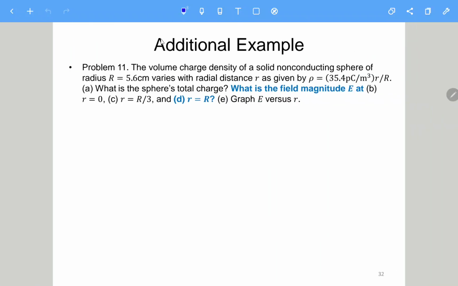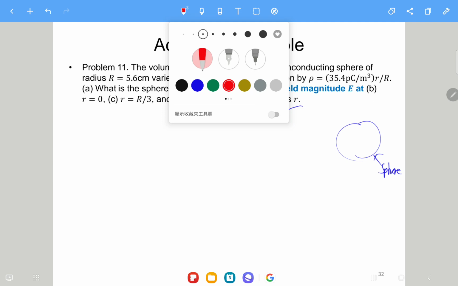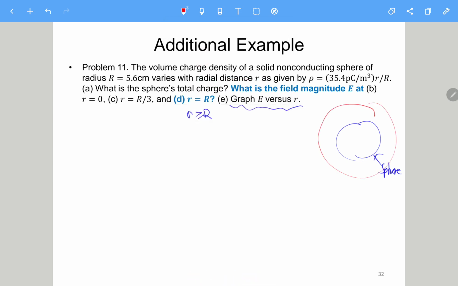Okay, so here it also asks you r equals capital R. But actually we can directly calculate it, but here we would like to come up with the expression when r is larger than or equal to capital R, because it will be useful for question E. So here we have the sphere, and then we also define a Gaussian surface to be larger than it.